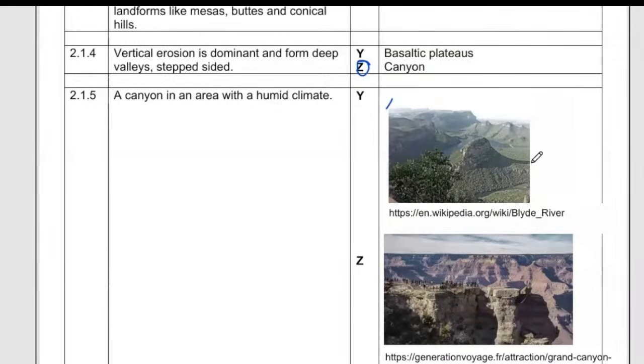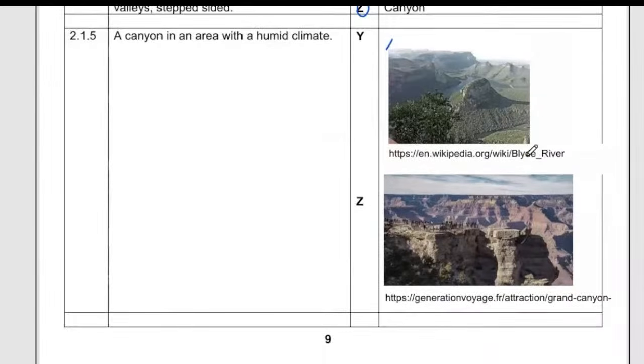Number 2.1.5, it says a canyon in an area with a humid climate and an area with dry climatic conditions. In this instance, we want to analyze and look at a canyon landscape that is experienced in an area with typically humid climatic conditions.